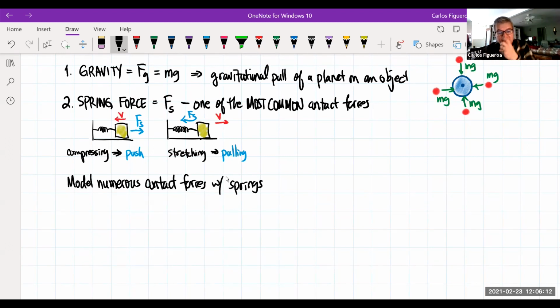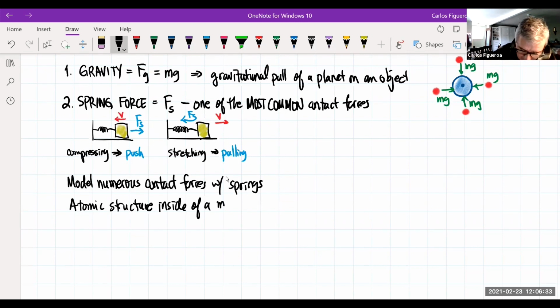So let's look at this thing here. One of the easiest ways to model here is to really look at the atomic structure inside of materials. So what we'll do is look at atomic structure inside of a material.